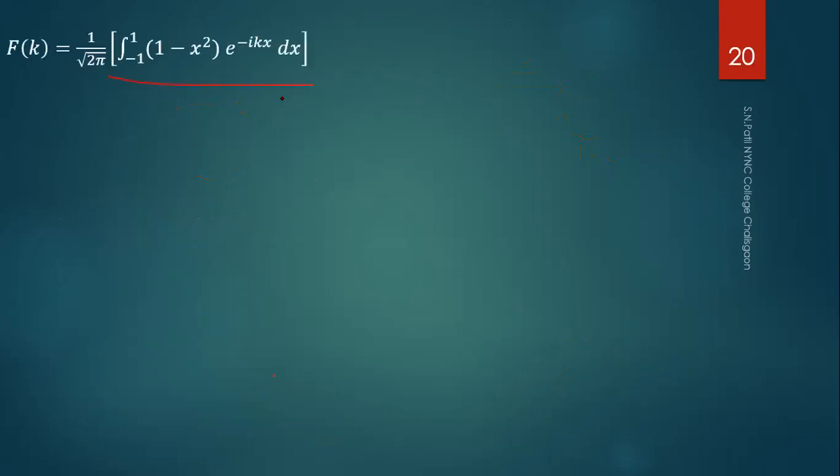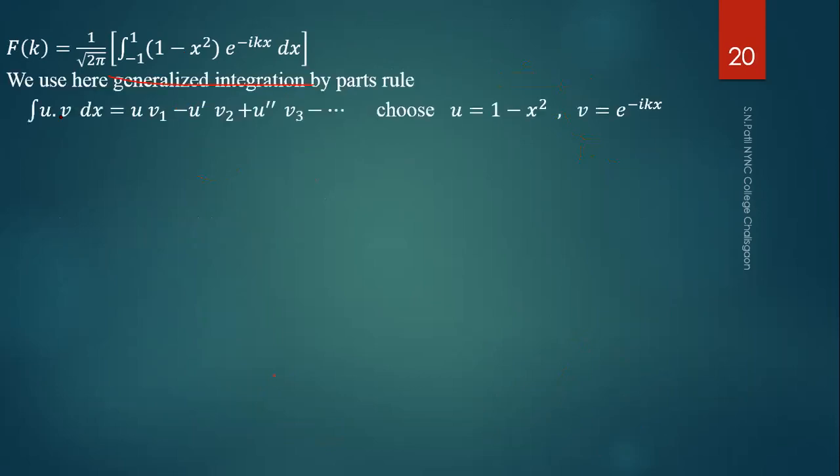Now here we apply the generalized by parts rule instead of the simple by parts rule. We know the generalized by parts rule for the integration of u and v: u v1 - u' v2 + u'' v3 - ..., in this way. Here the dash indicates the order of derivative, and the suffix indicates integration.